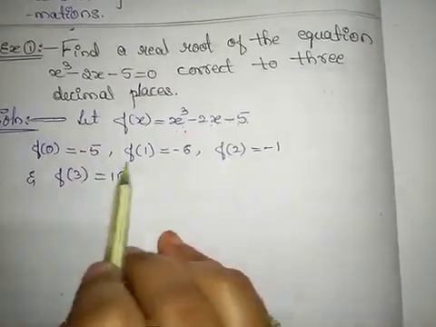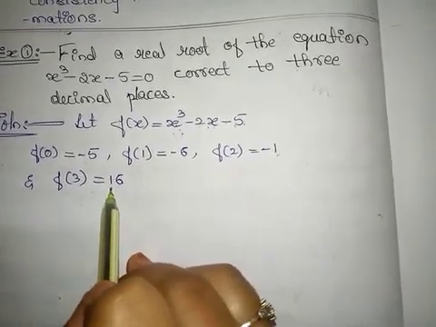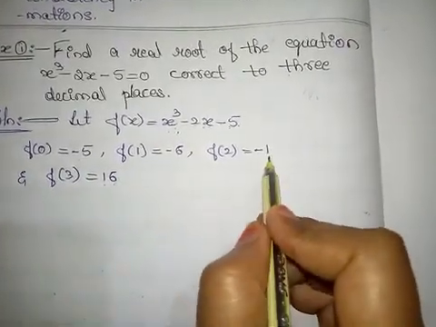See, continuously we get negative values, and the fourth one is our positive value. We get the positive value after the negative value.